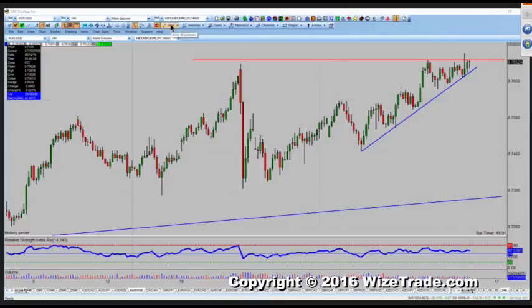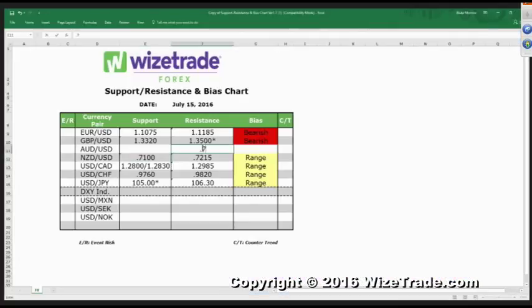We'll see. And I know we've got U.S. data here in a few minutes, but as long as we stay below that high, okay. Now, 76.75, what's the high there? 76.75.